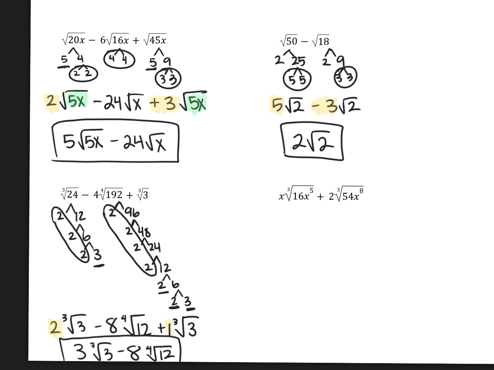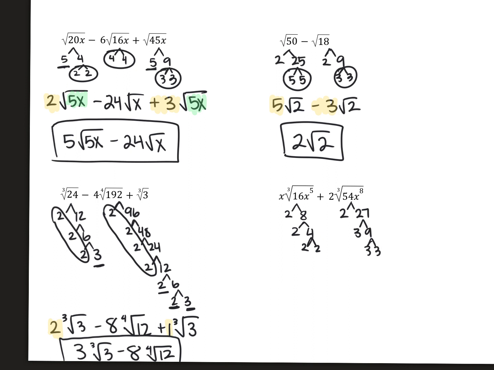Okay. Then the last example, x cube root 16 x to the 5th plus 2 cube root 54 x to the 8th. I'm going to break down 16: 2 times 8, 2 times 4, 2 times 2. 54: 2 times 27, 3 times 9, 3 times 3.